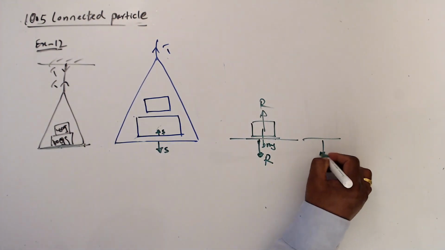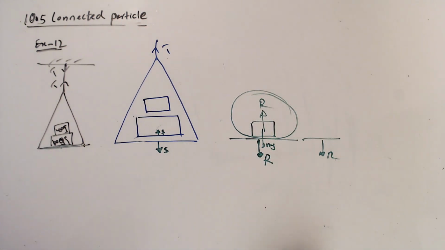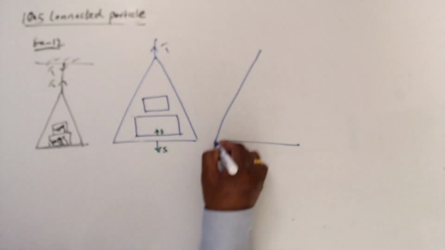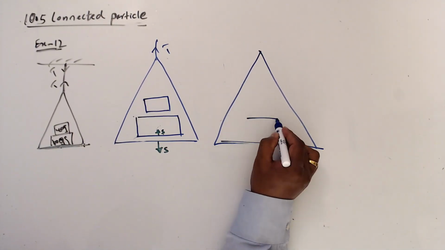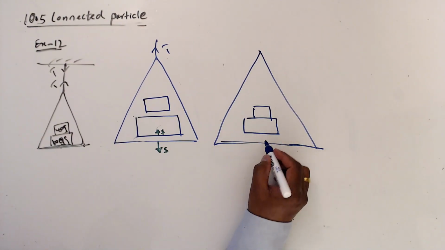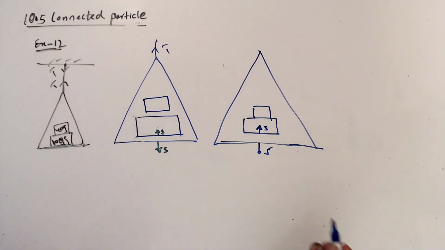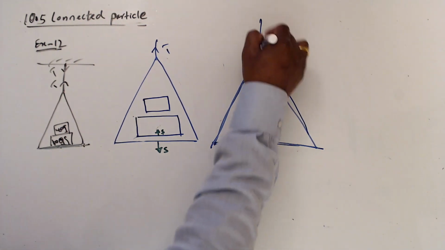We don't disregard it because we are interested in this particle. Actually, this scale will feel these two together, this S and this S. That's how this scale will feel. And this is T.